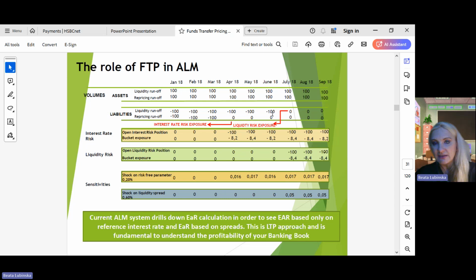The liability has a slightly shorter tenor, and you can see here on the liquidity runoff that the liability profile is shorter, because at some point in this particular example, in July 2018, this position disappears, which means it matures.